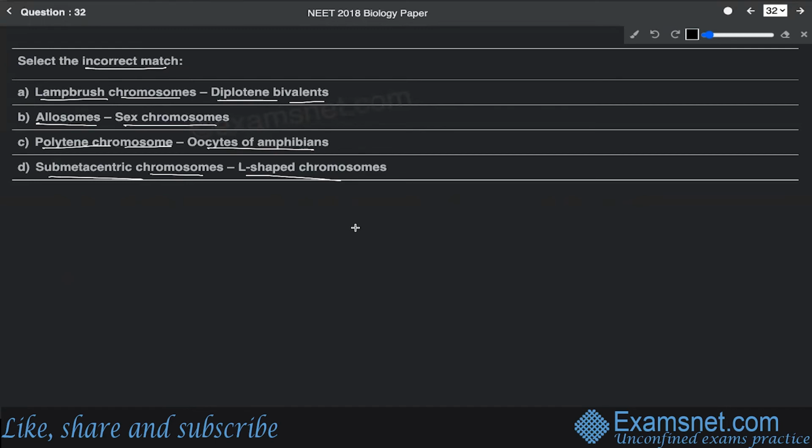Now this question has been asked from the chapter Cell: The Unit of Life from your standard 11. The incorrect match is basically option C. This is basically the incorrect match.